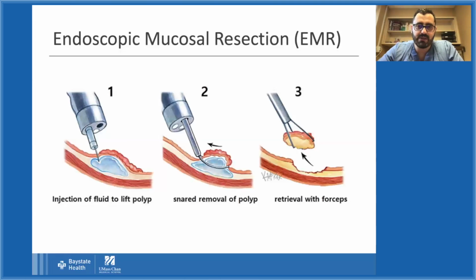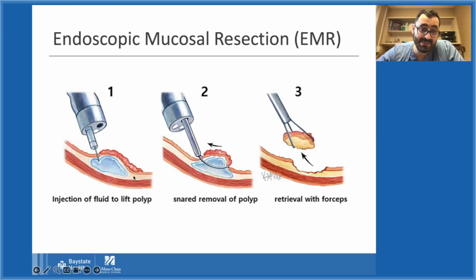So I'm going to start with EMR. What's the concept of EMR? How do we do EMR? In this nice figure, in picture number one, we use a needle to inject fluid. This is saline or sterile water mixed with a dye, usually methylene blue. We inject it in the submucosa. So you have the polyp here coming from the mucosa, and then you have the submucosa over here.